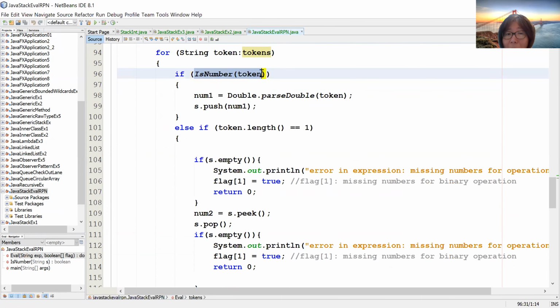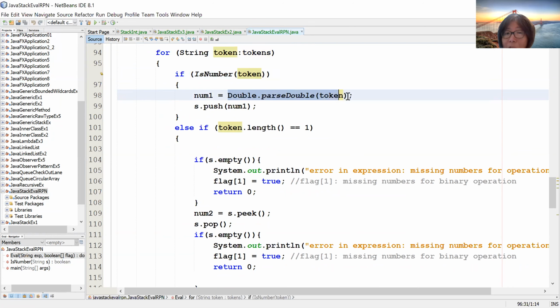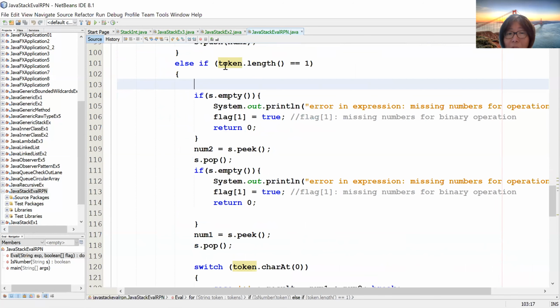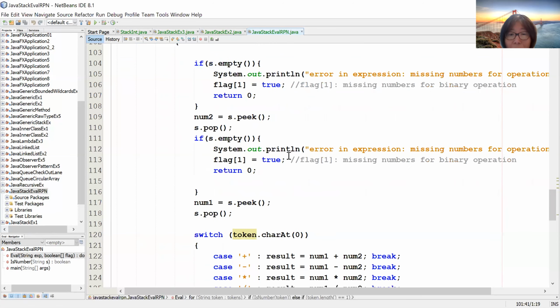If it is a number, we convert the string literal version to a number, and in this case we deal with double. And we push it to the stack, okay? If the token length is only 1, that means it may be an operator. If it is an operator, then you need to pop numbers out. I first copy to get the top number, and then pop it out, and get the next number and pop it out.